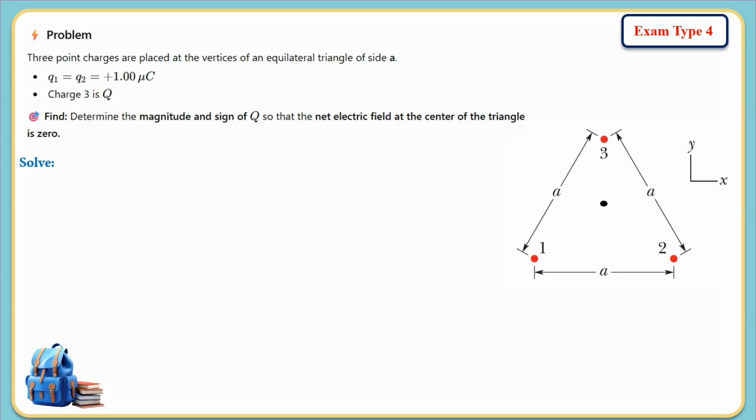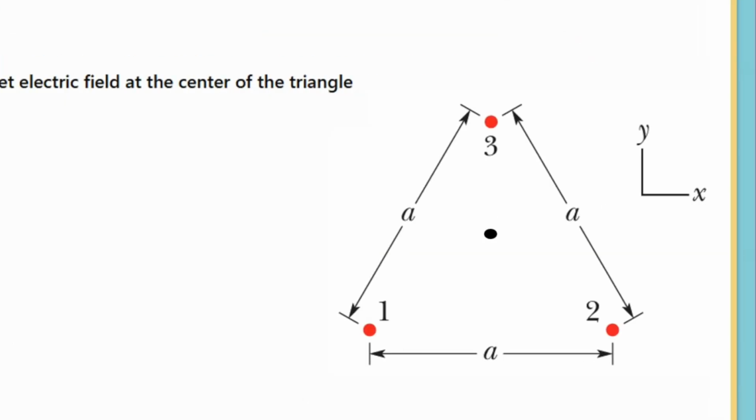First, let's take a look at the figure. Before solving the problem, notice a few important points. The center of an equilateral triangle is equidistant from all 3 vertices. Let's call this common distance r. Also, remember that we determine the direction of each electric field by imagining a positive test charge placed at the center.